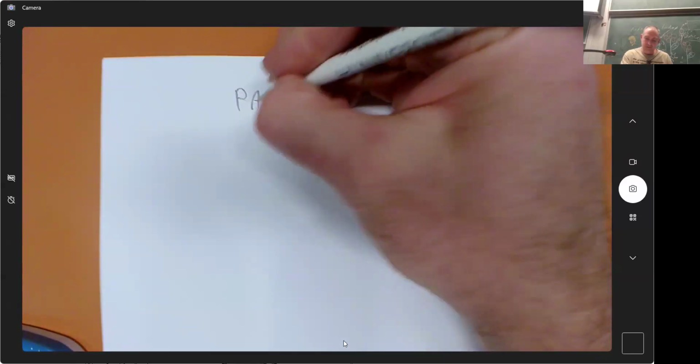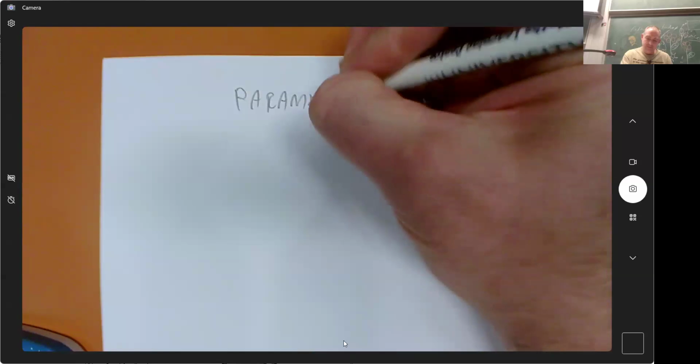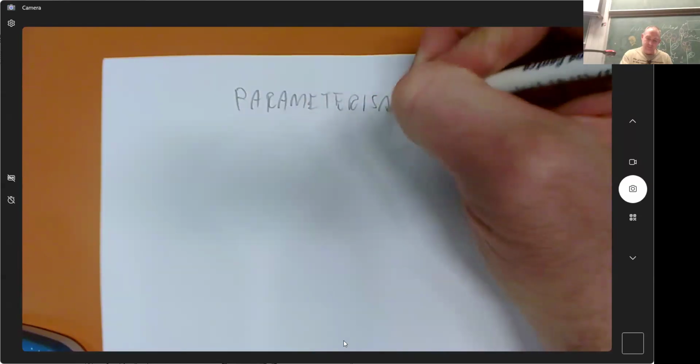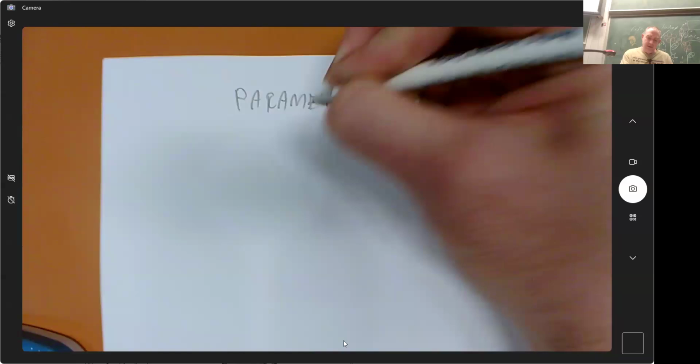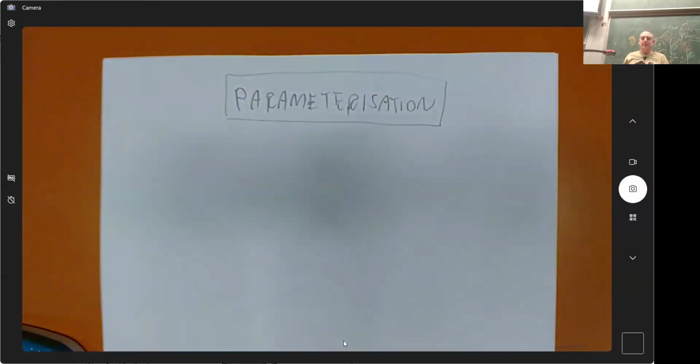Okay, we shall talk about parameterization, because that was the first thing that was asked. Now, other things on this list were change of variables for integration and the theorems of integrals, Green's and Stokes and divergence.